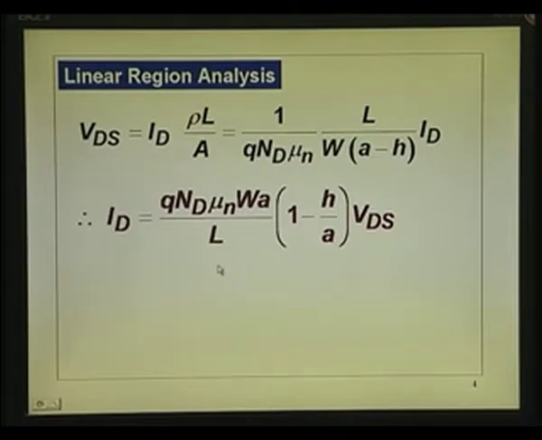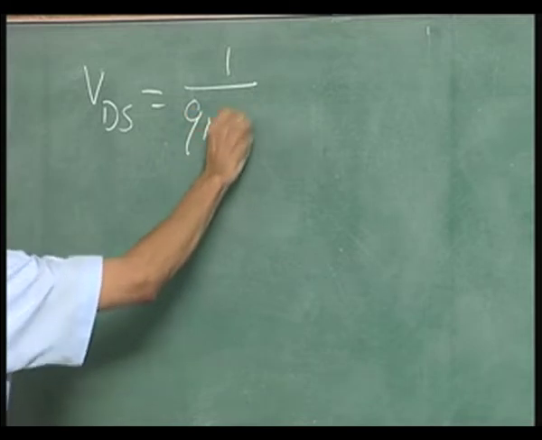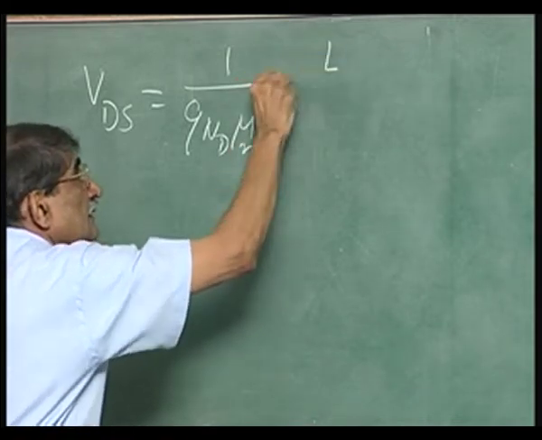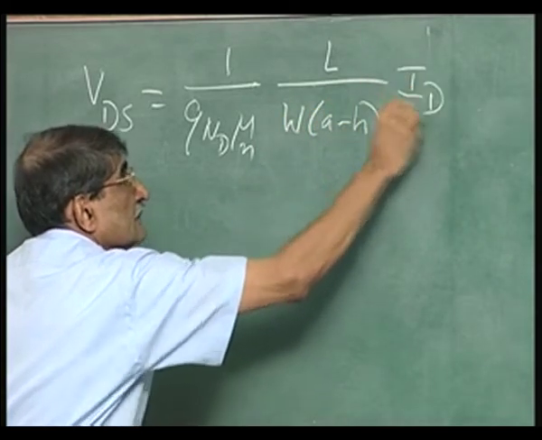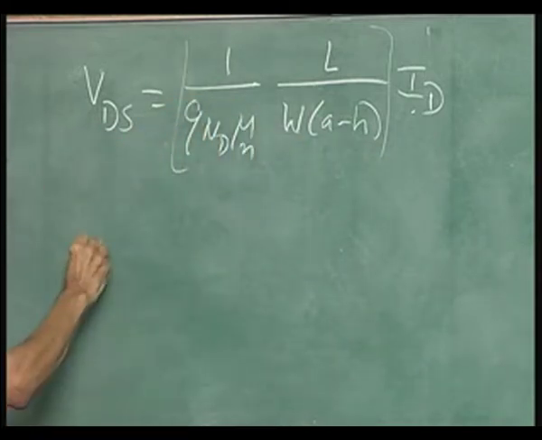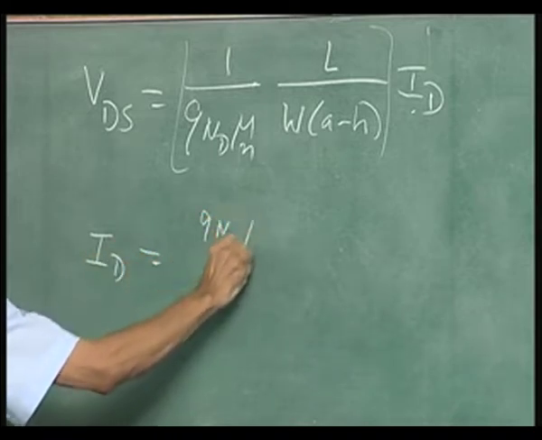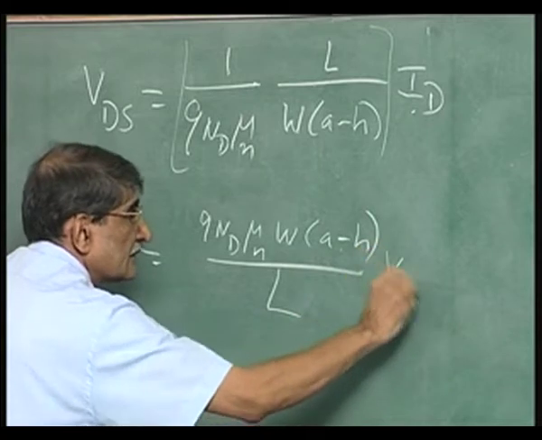All that I did, if you have difficulty, I will just put it back on the board. So, VDS is 1 by q n d mu n, that is rho, 1 by that is rho, okay, into L divided by area W into A minus H into ID. This whole thing is R. Okay, therefore, ID is actually equal to q n d mu n into W into A minus H divided by L into VDS.